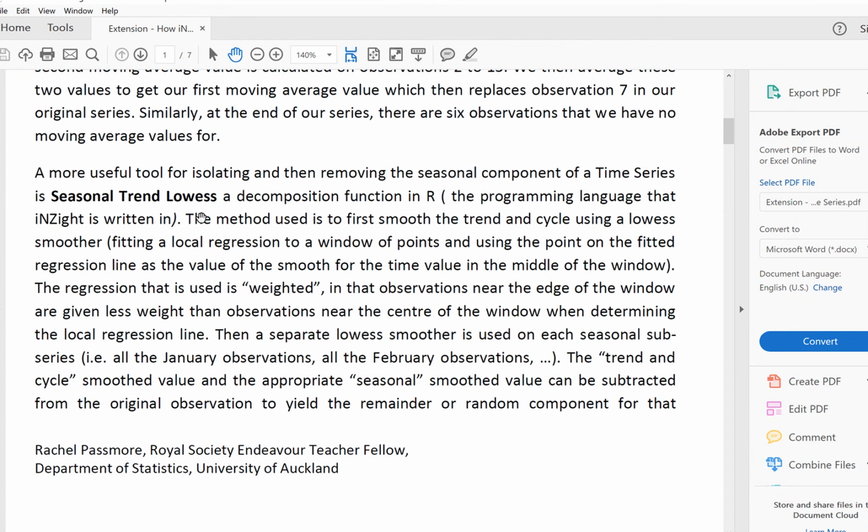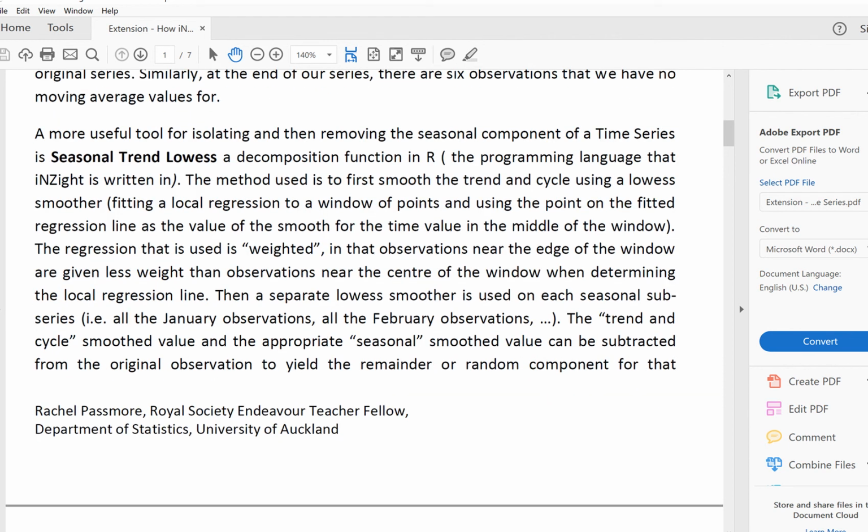basically, the method used is to first smooth the trend and cycle, that means the seasonal pattern, using a lowess smoother, that means fitting basically a line or curve of best fit to a window of points. And what it does is it says the regression that is used, that's the model that is used, is weighted, and that the observations near the edge of the window are given less weight than observations near the centre of the window when determining the local regression line.